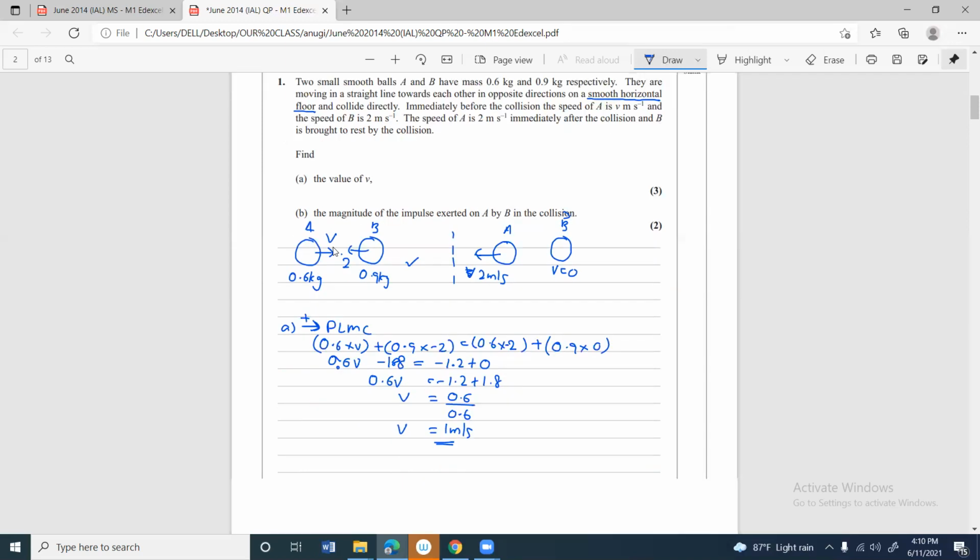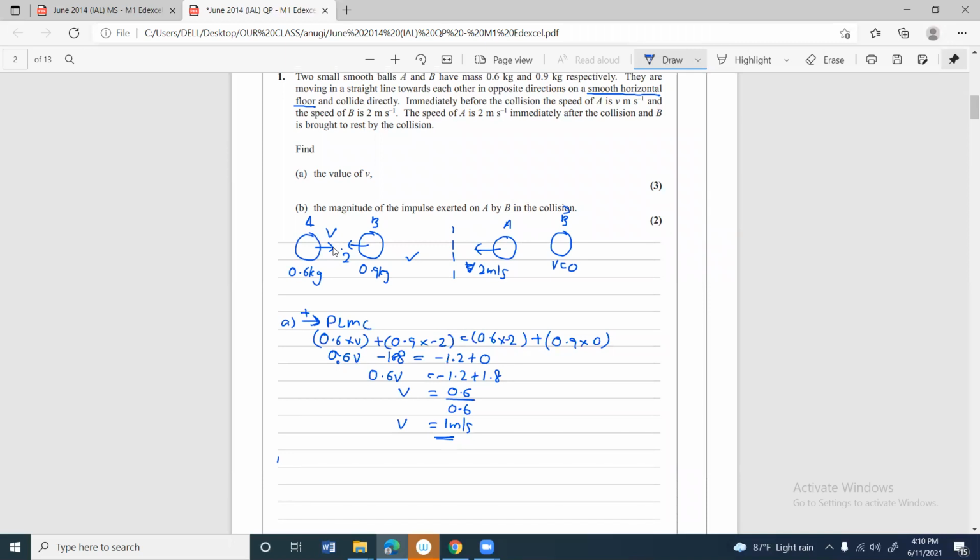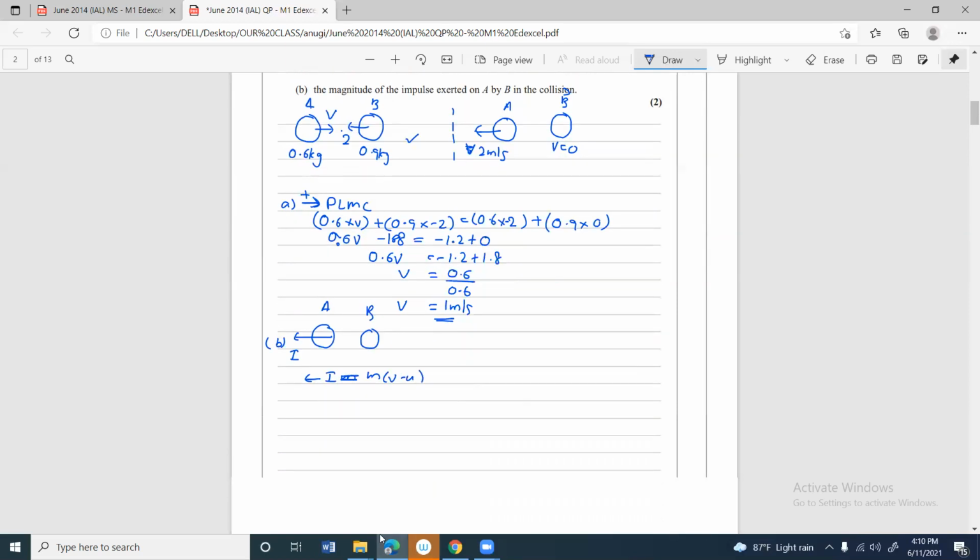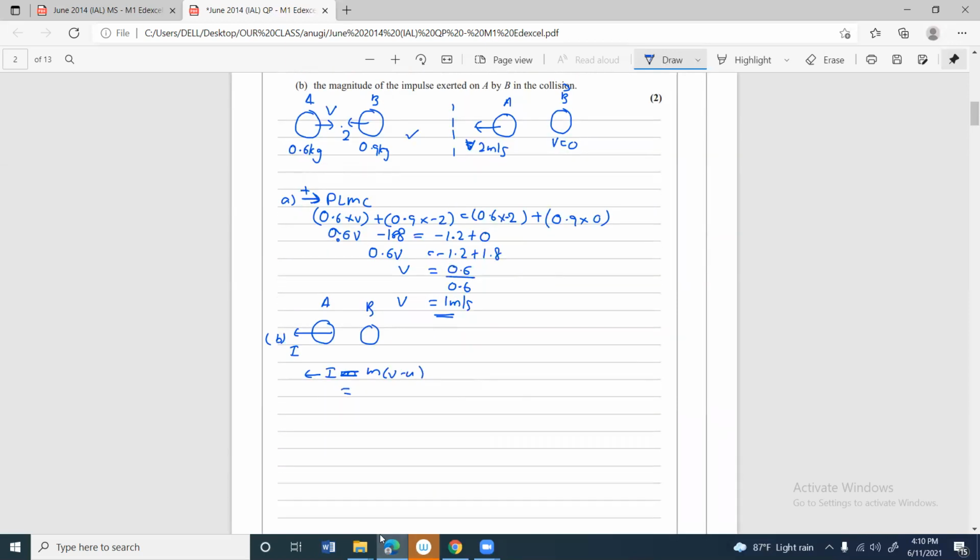Then in part B, they ask for the magnitude of the impulse exerted on A by B. A is here and B is here. If you collide, the impulse always acts on the object. So I equals mass times (V minus U), final velocity minus initial velocity. The mass of A is 0.6.